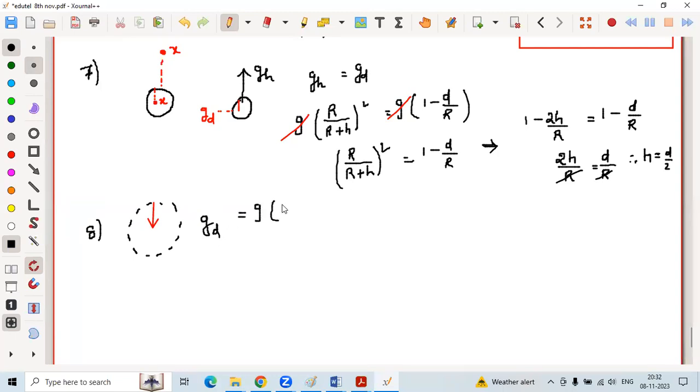So how much depth should I walk to reach the center of the earth? Radius, that's all. Radius தானே? அப்போ d place ல R போடுங்க. 1 minus R by R. R cancel. We'll get g into 1 minus 1. Answer is 0. This is also a very important thing. Make a note of it.